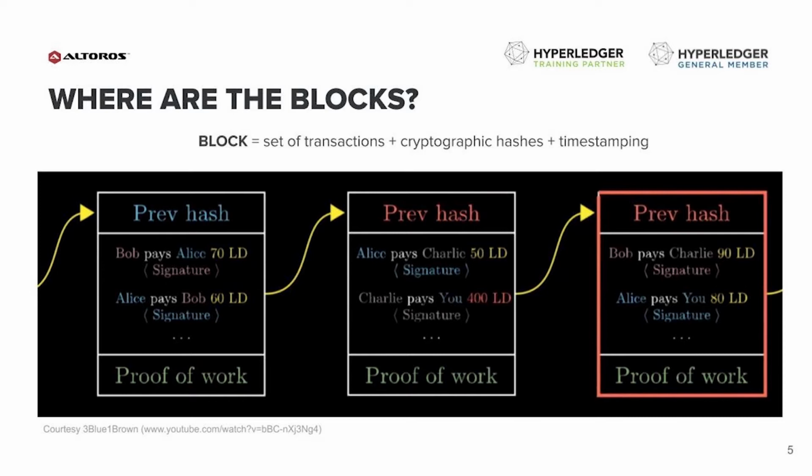And the other critical component of the block is the hash of the previous block. This is essentially what chains one block to another, giving us a blockchain. And that hash is essentially the cryptographic output of taking the input, being the transactions in the block, run through a cryptographic algorithm. It's a one-way function.